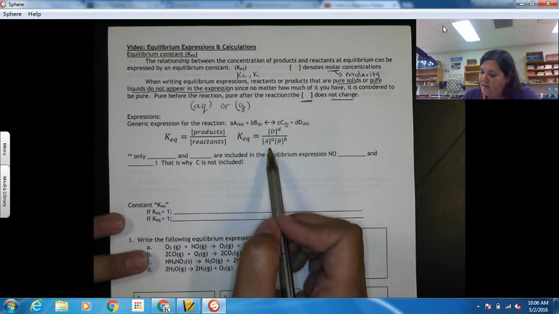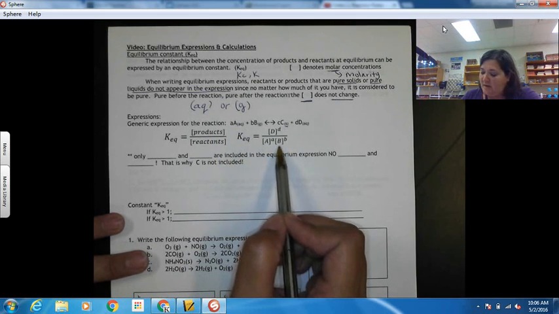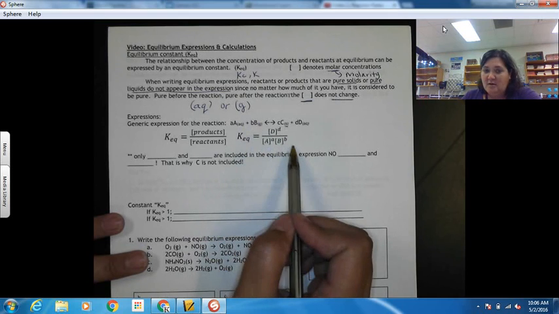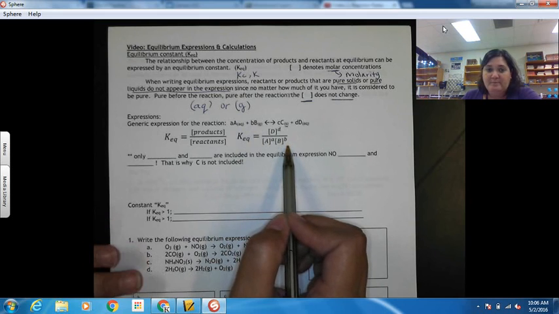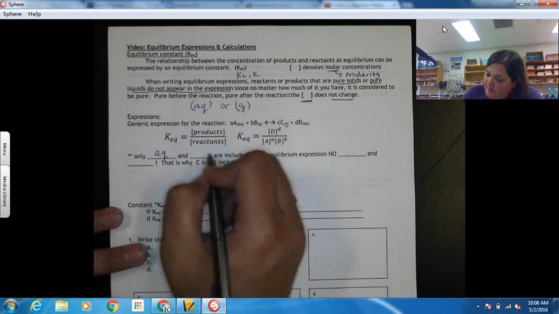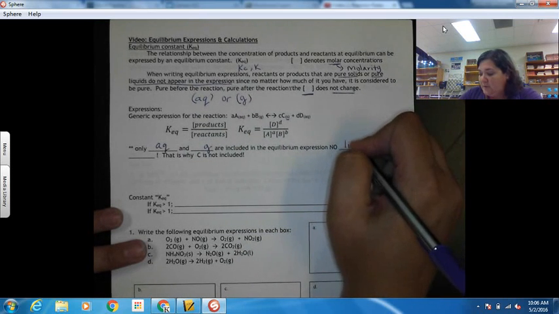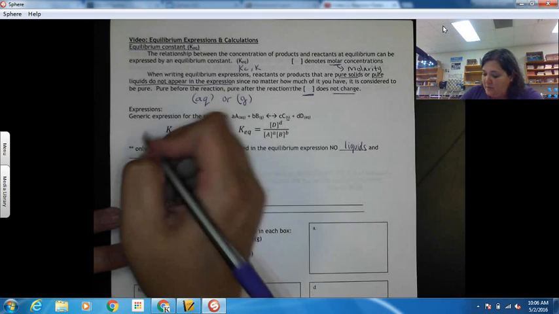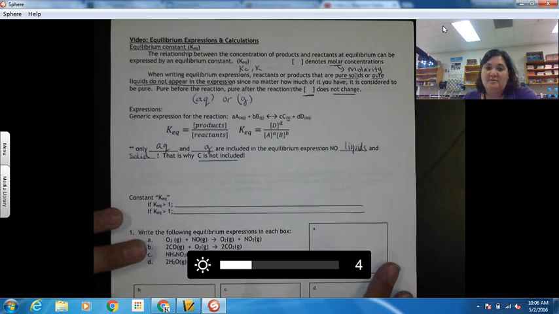And then we have A raised to the little a power, again its coefficient, on the bottom, and B raised to its coefficient as well. And those two things are multiplied together. So again, only those things which are aqueous and gas are included in the equilibrium expression. No liquids and no solids. And again, that's why we did not include C.